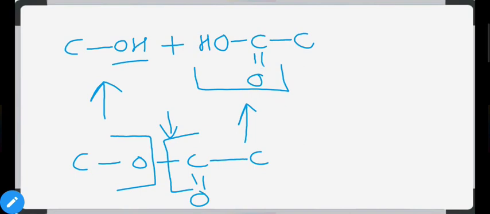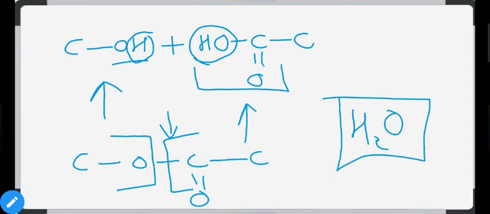So during this reaction, as we can see, one of the reactive groups will release H, and the second reactive group will release OH. That means during this reaction, a water molecule will be removed, and two different molecules will combine with each other, and the final product during the first step will have two functional groups again.